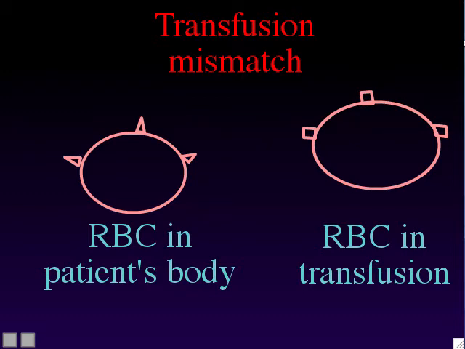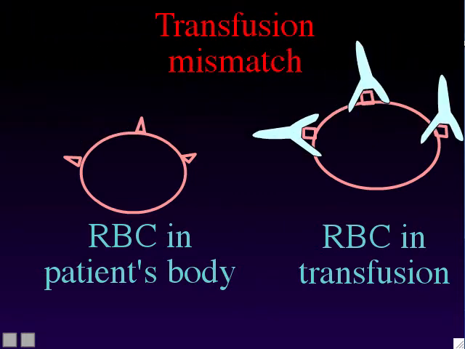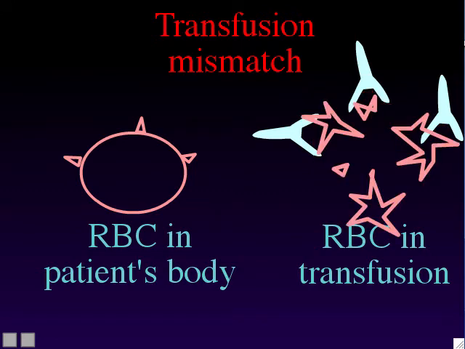The major way the immune system will attack these red blood cells that have the foreign antigen to the patient is with antibodies. Here you see these antibodies coming in. And remember what happens when the antibodies bind to the foreign antigens on a cell. The antibodies end up lysing the cell, and so you get a bunch of cellular debris, a bunch of torn up shreds of those red blood cells. And that's where the problem comes in, because that cellular debris is going to clog up the patient's blood vessels.